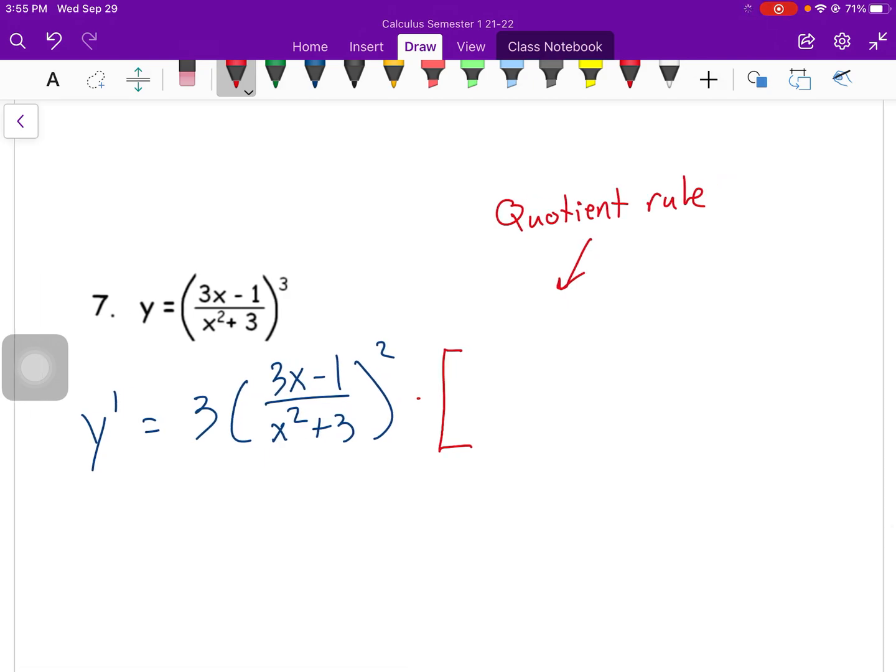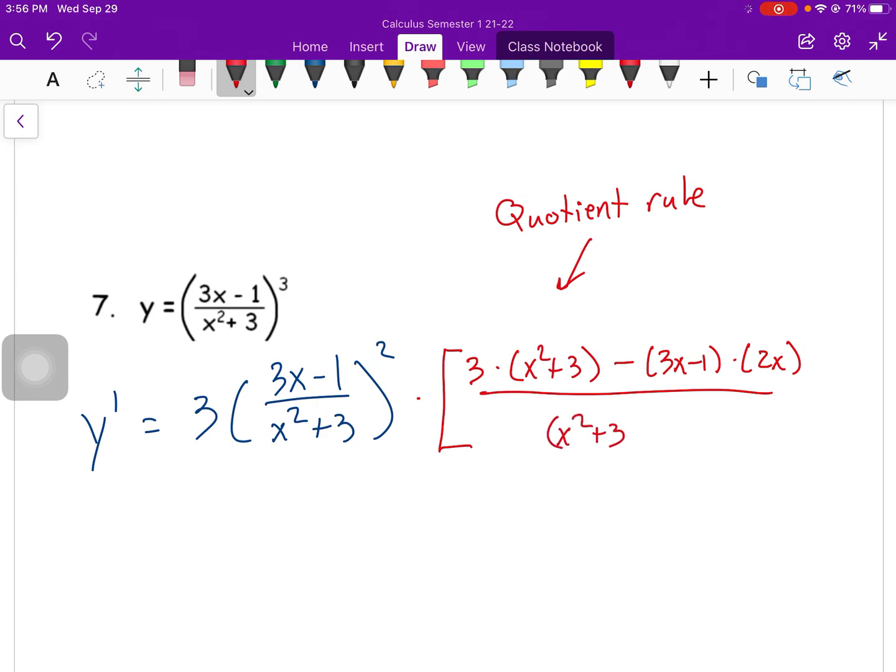So the quotient rule says we're going to take the derivative of the top times the bottom minus the top times the derivative of the bottom all over the bottom squared.